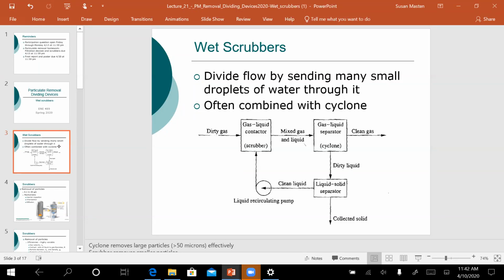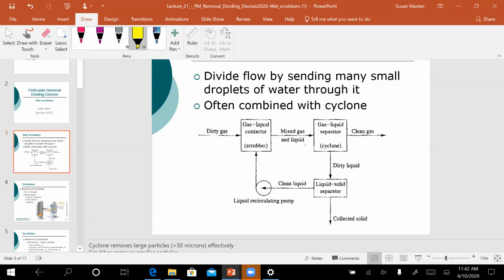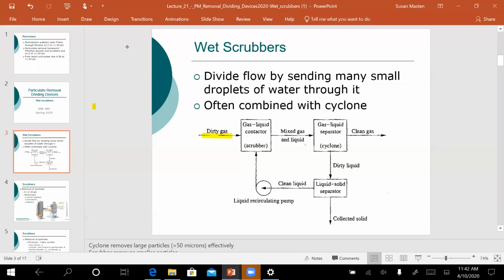So for instance, this is an example, and what we have is a gas stream that enters a contactor. It's in that contactor that the rainstorm description applies. Those particles in the dirty gas contact with the liquid particles.